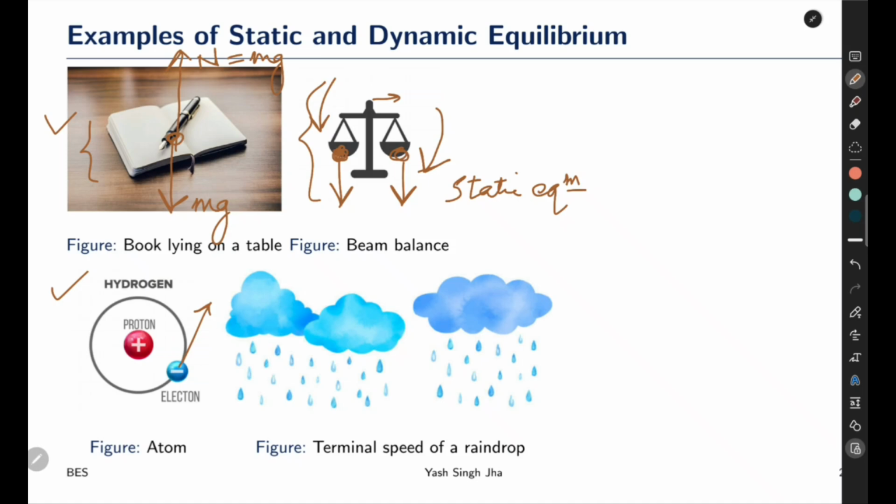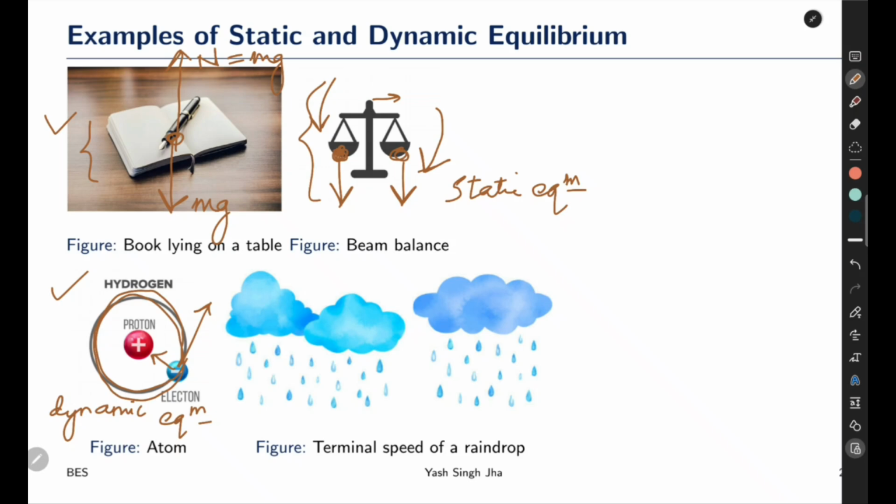There is a continuous electrostatic force being applied on the electron, pulling it towards the proton, yet the electron keeps on moving in a circular path at a constant speed, in a uniform circular motion. This is an example of dynamic equilibrium.